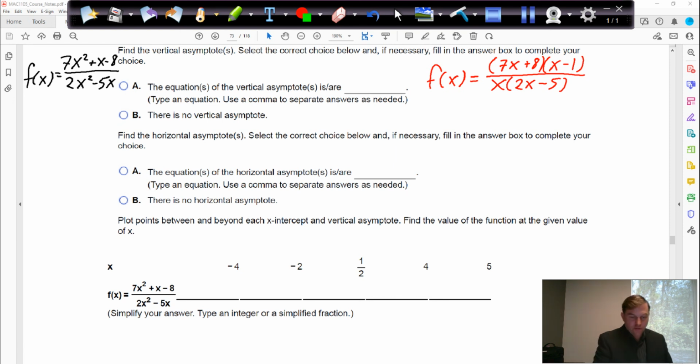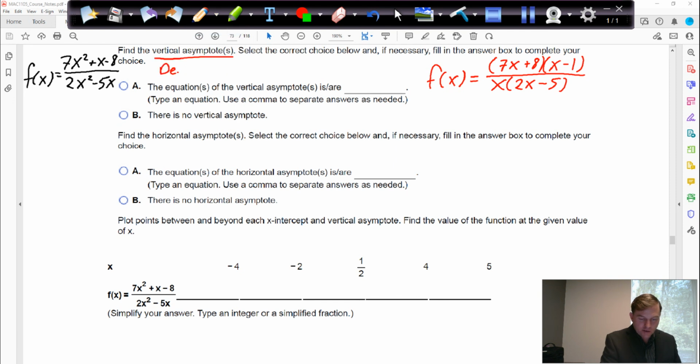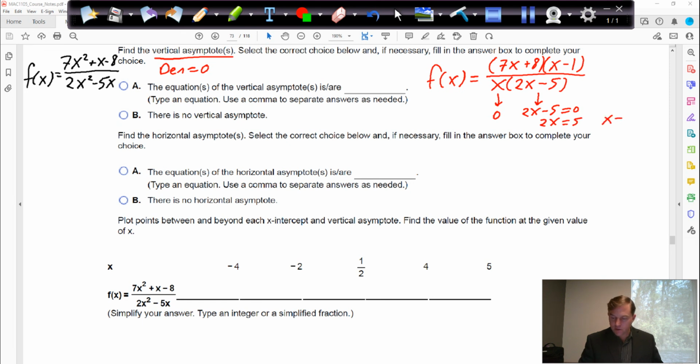Now for vertical asymptotes, we're just considering when the denominator equals 0. So this equals 0 when this x equals 0, and this one equals 0. Let's solve it. When 2x minus 5 equals 0, add 5 to both sides. 2x equals 5, divide both sides by 2. X equals 5 halves, or 2.5.